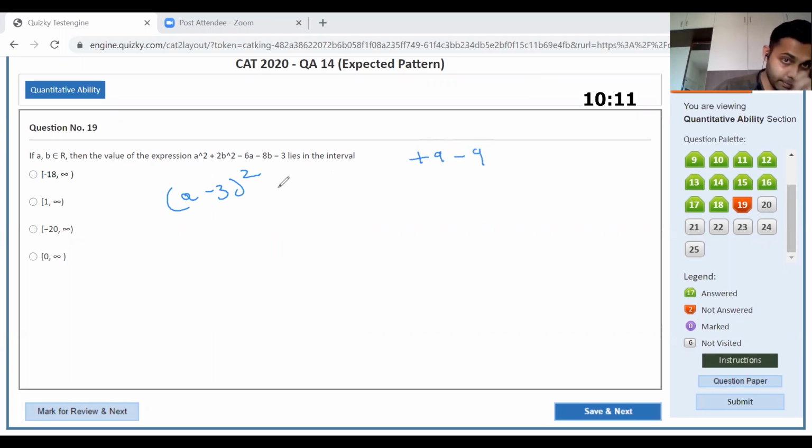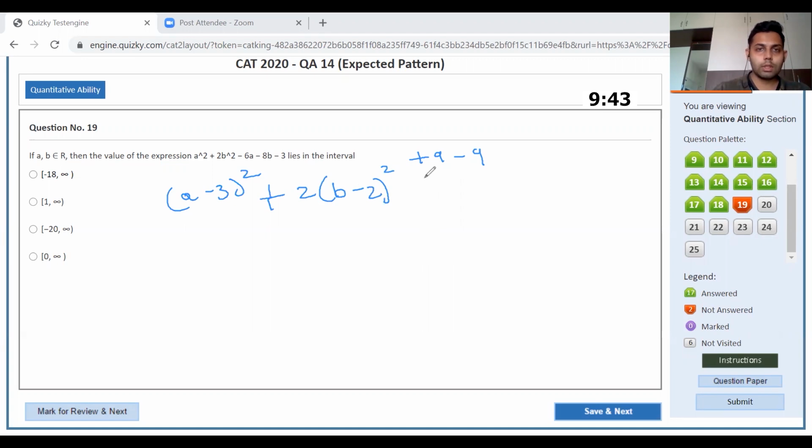Plus 2b square, I'll not make it root 2, I'll keep 2 outside, and 8b. Since I'm keeping 2 outside, it'll be b minus 2 the whole square, and we get 4.